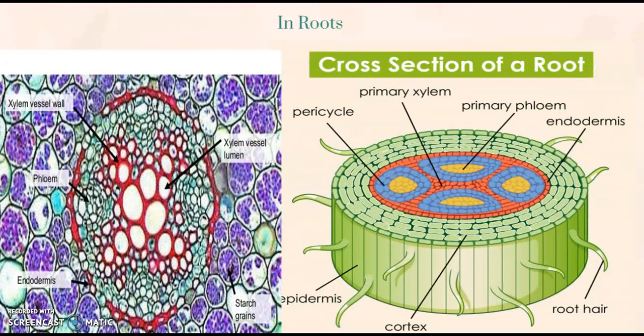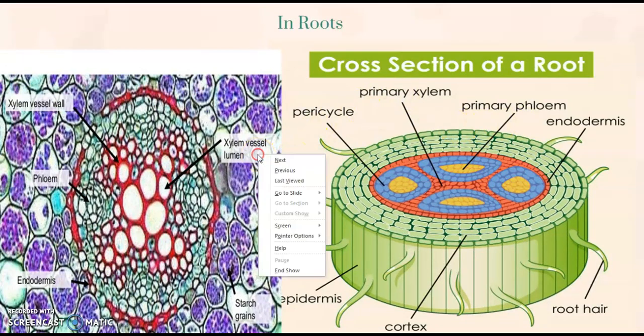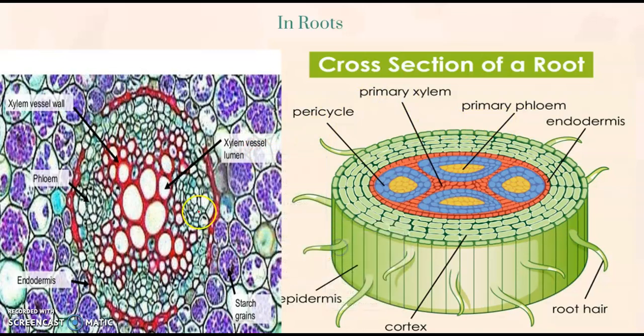If we look at the roots, this is the position of xylem and phloem. When you look at the micrographs, often the cells of xylem are present in the shape of X, just like this, or you can say the star-shaped xylem in here, and between the arms of this star-shaped xylem, these cells in between these arms, they are called phloem.